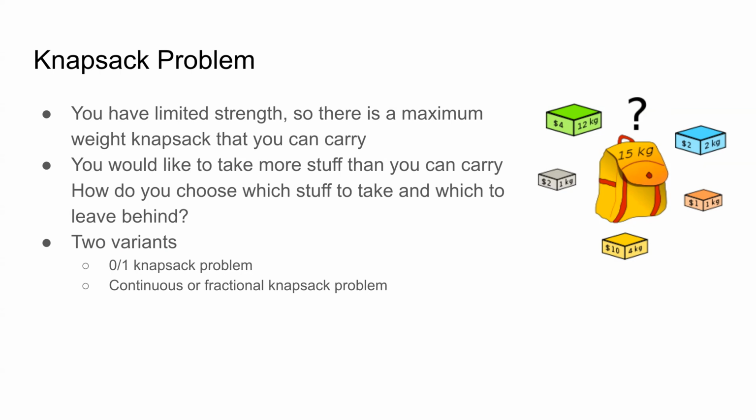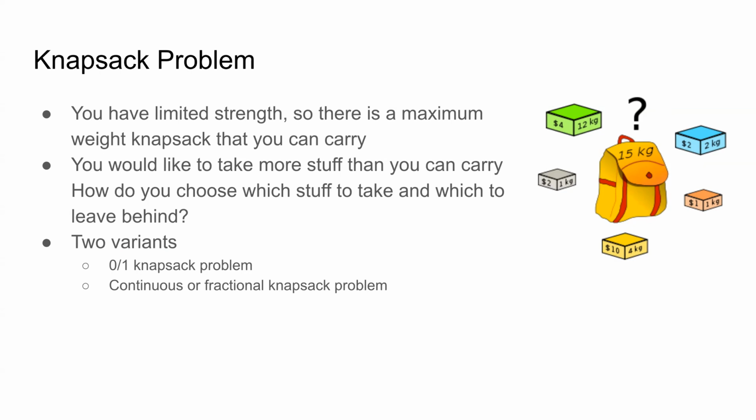The constraint is going to be the top weight, like 15 kilograms in the backpack. So how are you going to decide which items to take in the backpack so that you can maximize the value in this case, provided you cannot take more stuff than you can carry?